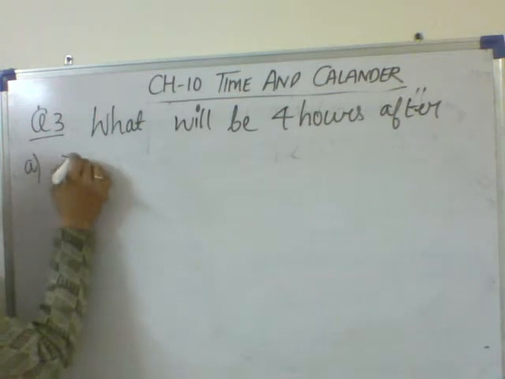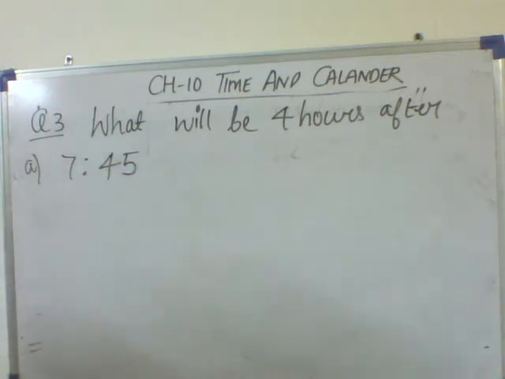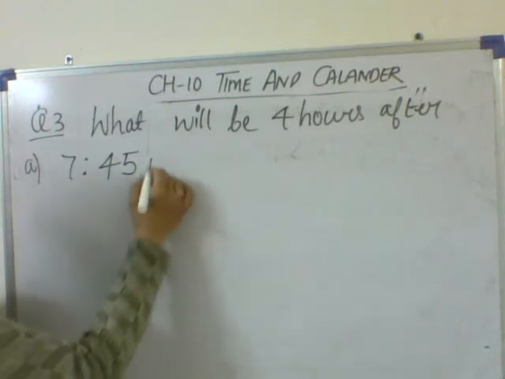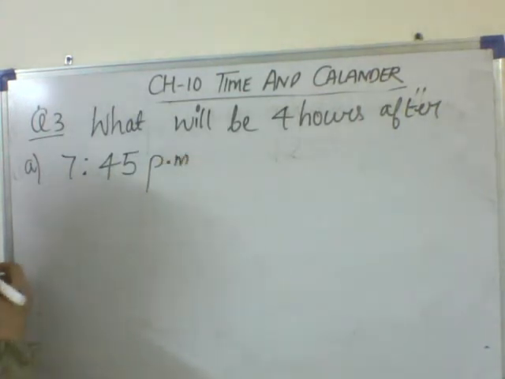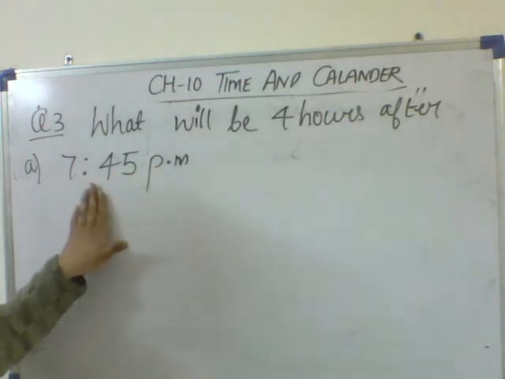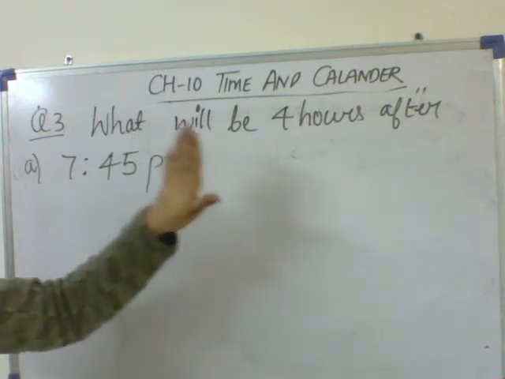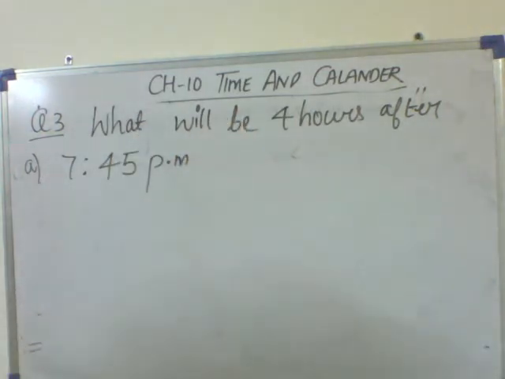In A, the timing given is 7:45 p.m. So we have to find the timing after 4 hours. You have to add 4 hours to this time and tell the time. What will be the exact time 4 hours after?